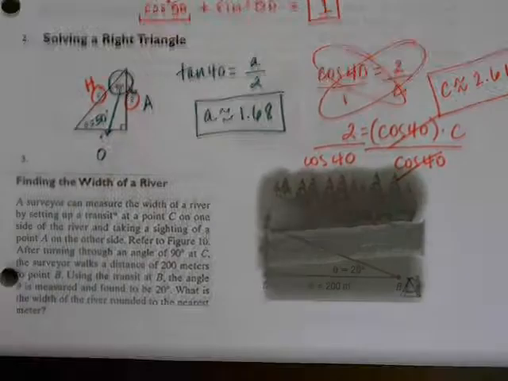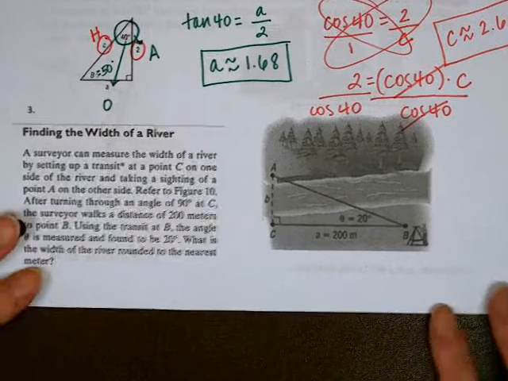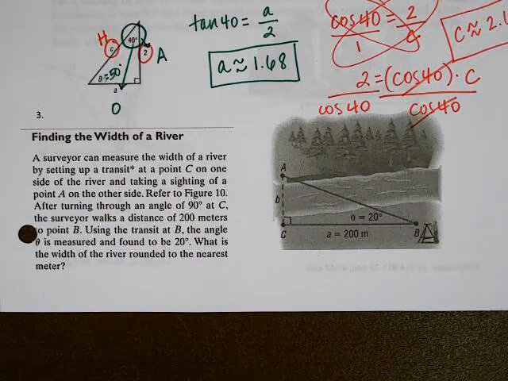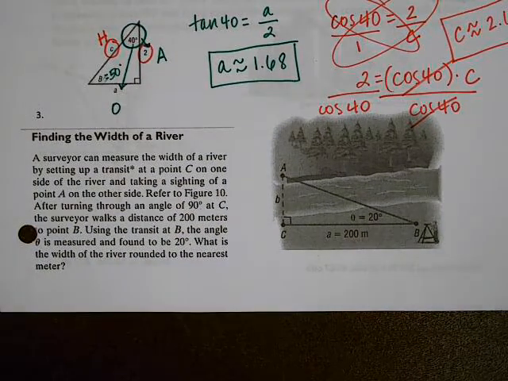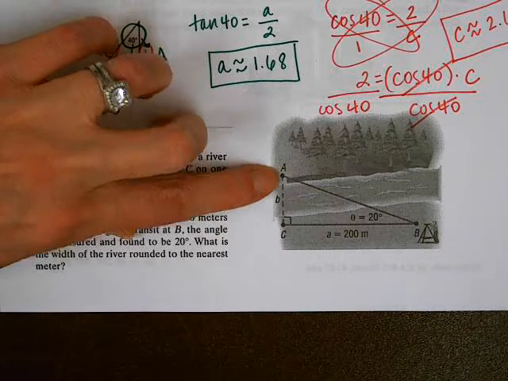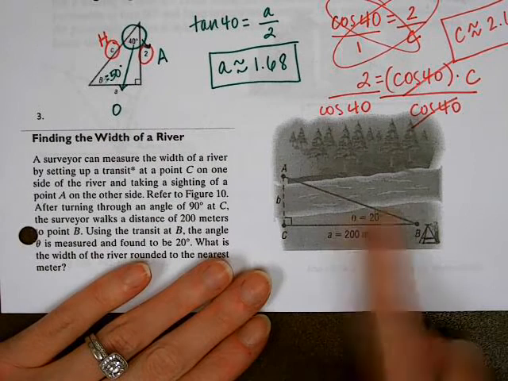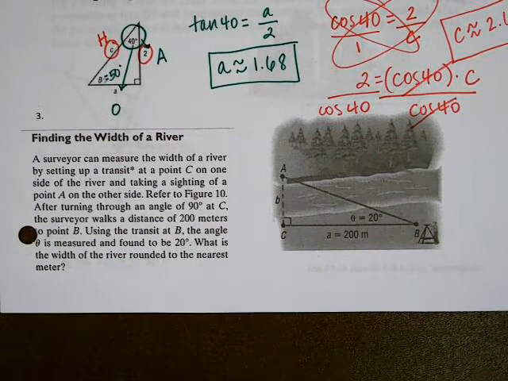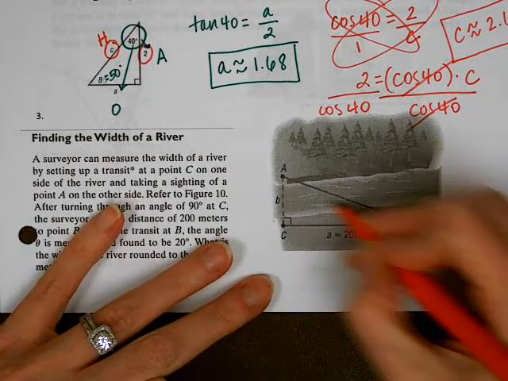All right, this one's just a word problem, but it's really the same thing. Go ahead and read this, and when you're ready, you can unpause it and we can see how to set this guy up. All right, what are we trying to find? The width of the river here. We have the angle, and we have the adjacent side, and we're trying to find the opposite.